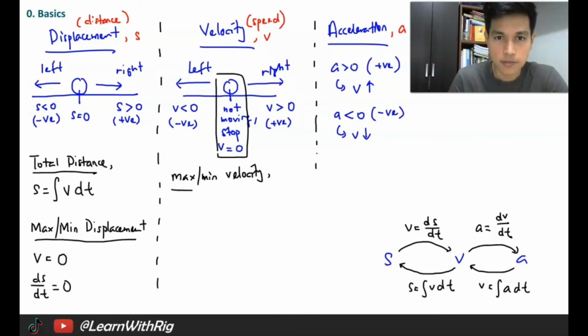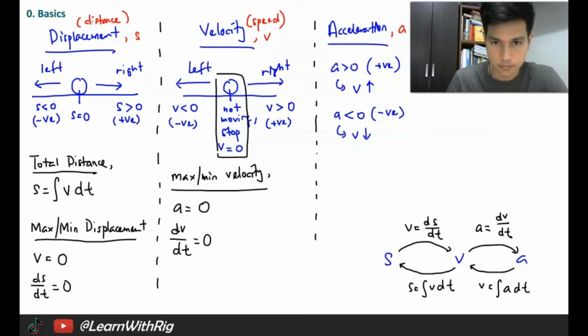If they ask for maximum or minimum velocity, you take acceleration equals 0. Acceleration is also the same as dv/dt, so dv/dt equals 0. Same thing, I just write it there for your info. Alright, I think for velocity, that's all.